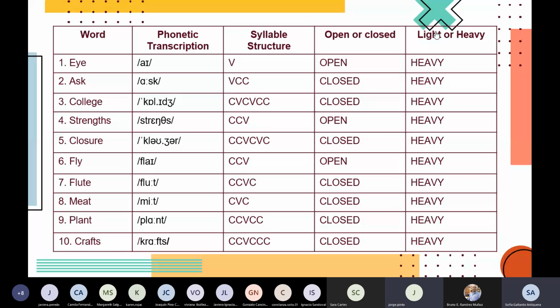Well, the thing is that you always have to guide yourself with the phonetic transcription. That's the best way. And as I mentioned before, I would always recommend to use Cambridge. This is the transcription for strengths, and you have the consonant at the end.